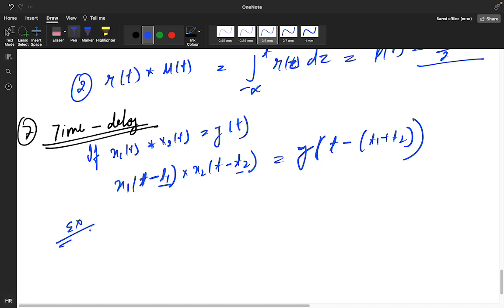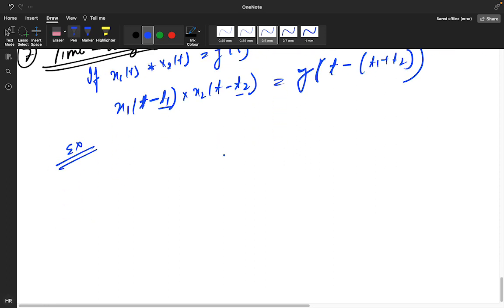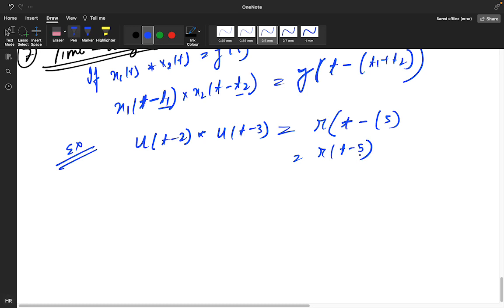Example, you have u of t minus 2 convoluted with u of t minus 3. So the convolution of step signals will give you ramp signal. So ramp signal will come, t function will come, minus, both will get added. So 5 directly, r of t minus 5. As simple as that.